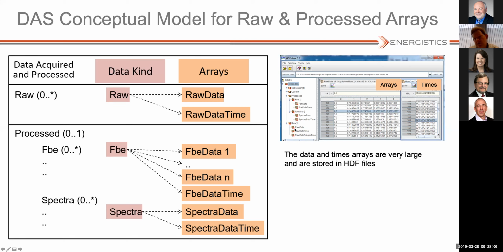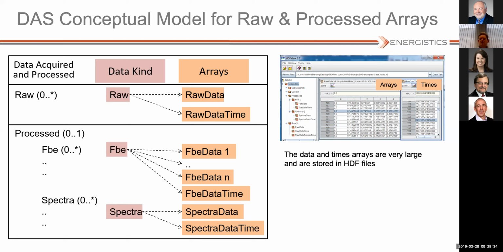There you again see the raw data times, and for raw data we also have trigger times in case you use a triggered measurement. Then above that you see the process data, and under it we have two nodes, one for the frequency band data and one for the spectral data. Files can contain only one of these, so it's possible that you don't have a raw node or a spectrum node in the file if you only exchange the frequency bands.